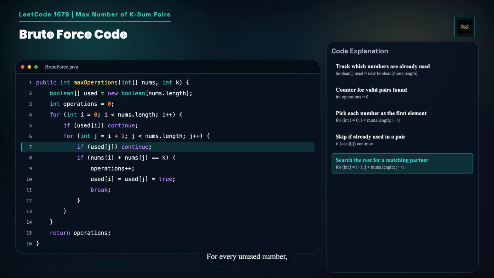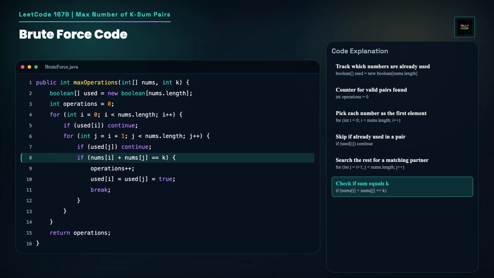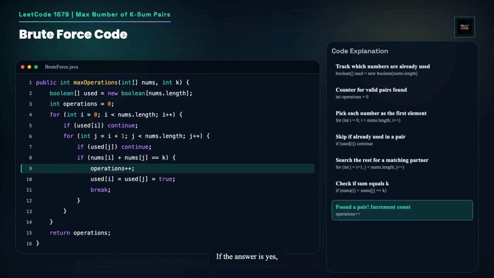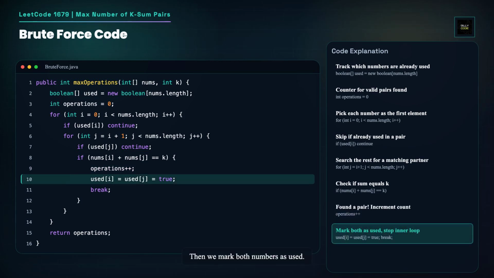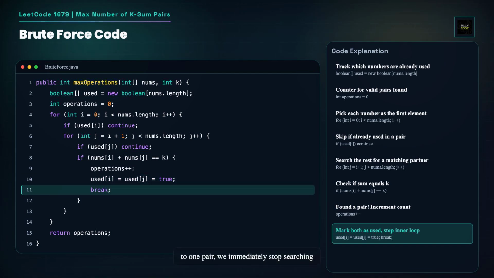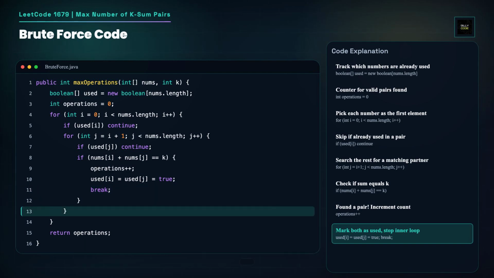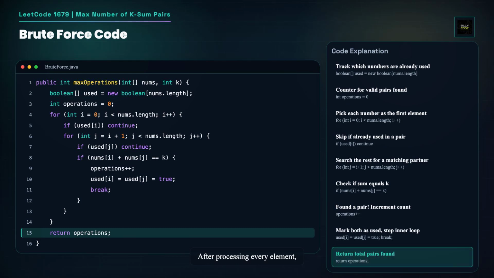For every unused number, we check one condition. Does the current number plus this number equal k? If the answer is yes, we've found one valid pair. So we increment operations. Then we mark both numbers as used. And since each number can only belong to one pair, we immediately stop searching and move to the next element. After processing every element, we simply return operations.